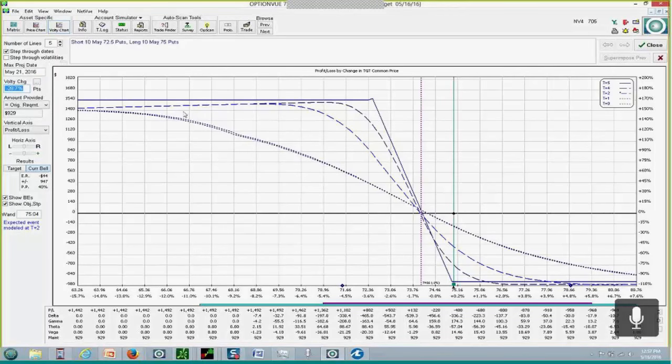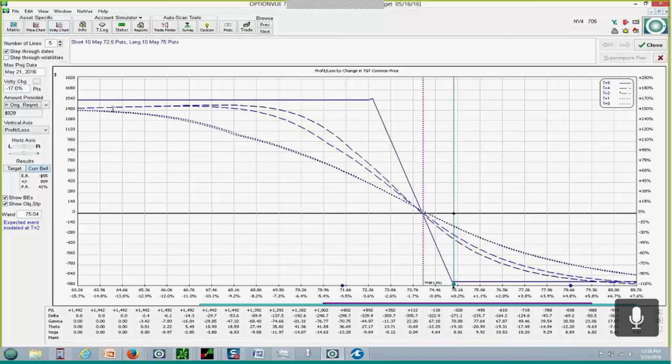How about a minus 17? Okay. And now, one of the big things that I'm always looking at, and I would never trade options without understanding the risk-reward graph, or the delta and the gamma and the theta.